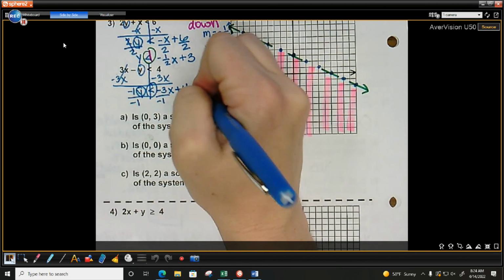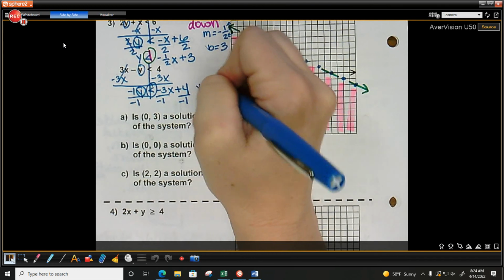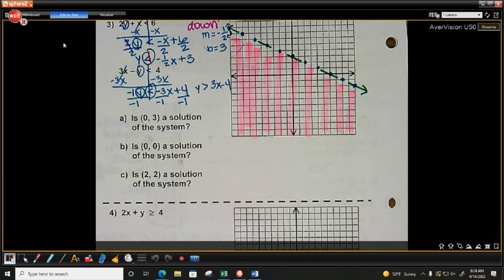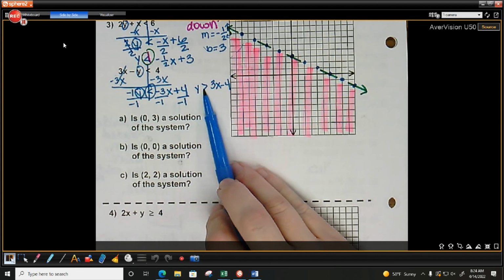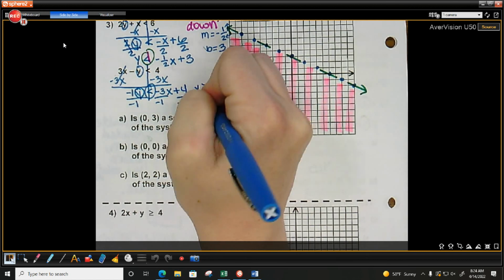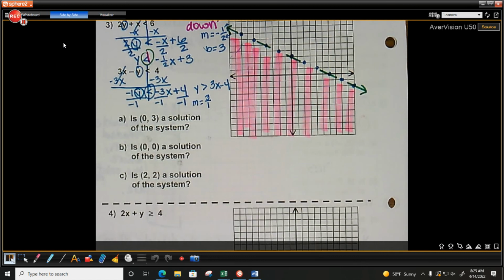Y equals mx plus b. What is my m, Leo? What's my m? 3. And I'm going to write it as 3 over 1. What's my b, Heather? Negative 4. Very good.